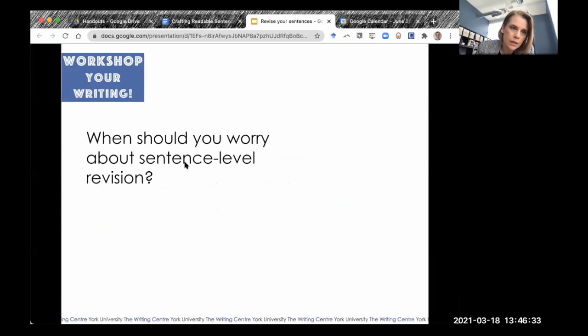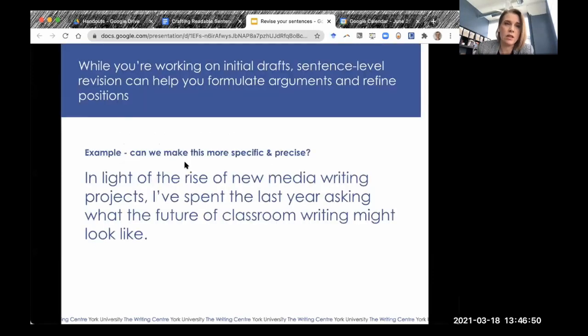Sorry, skipped ahead. So proofreading happens, you should worry about sentence level revision and proofreading at the very end. And there's a difference between working at the sentence level in the earlier drafting stages and the way that you work at the sentence level in the proofreading stages. So in the earlier drafting stages, you definitely can fiddle with your sentences, but you're doing it for a different reason.